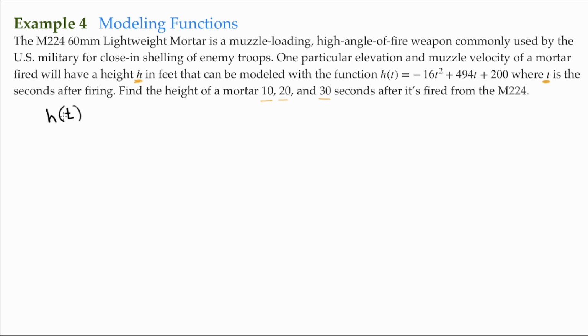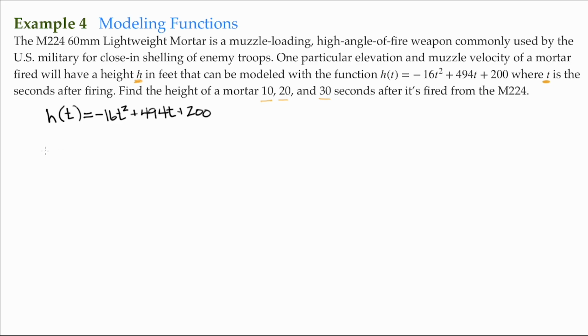So t here is our input variable, and our output is negative 16 t squared plus 494 t plus 200. This function represents the relationship between the height of the mortar after it's shot after so many seconds has gone by. So we'll determine the t.